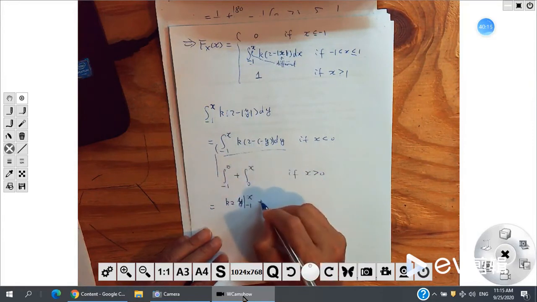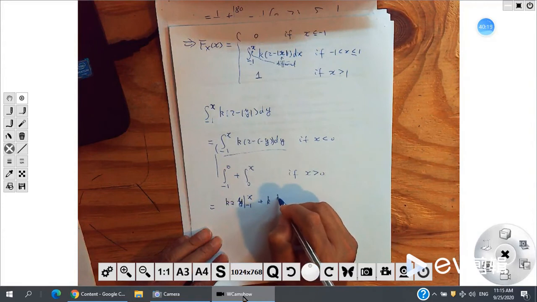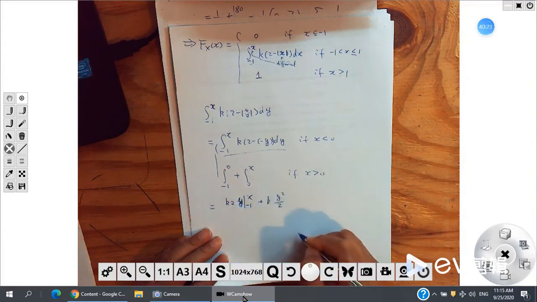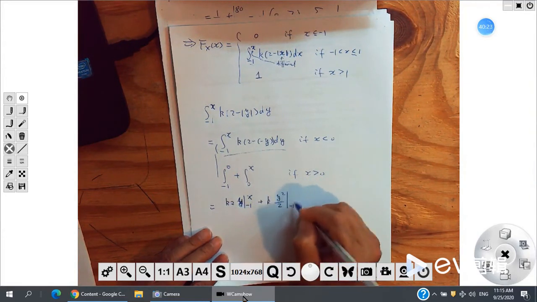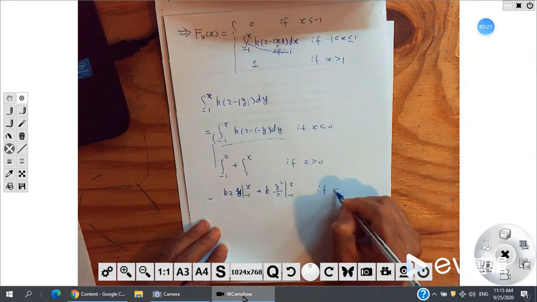Integrating y, you get y squared over 2, and y also runs from negative 1 to x. Okay, this is for x less than 0.